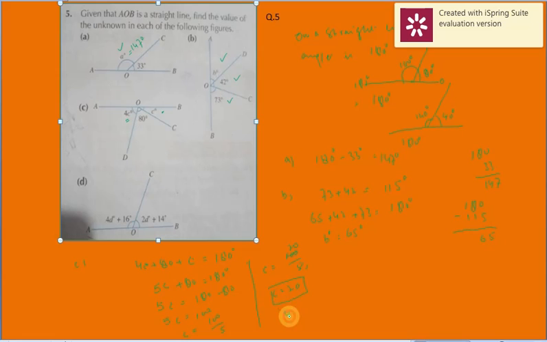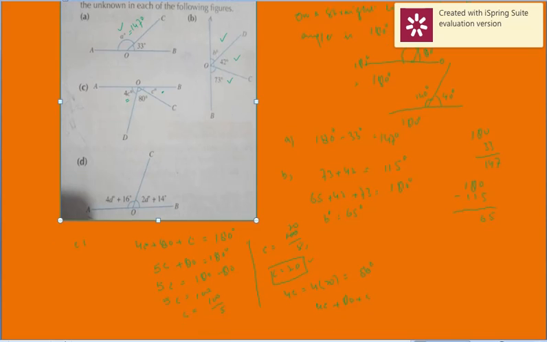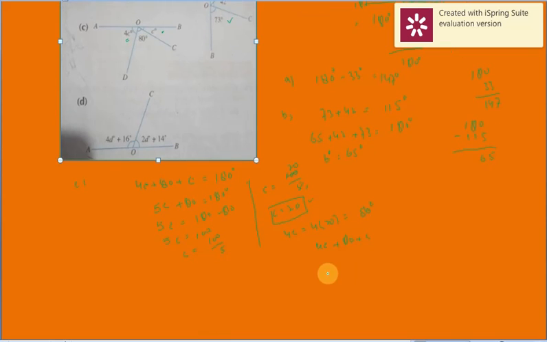So 4C means 4 multiplied by 20, which is equal to 80 degrees, and C is 20 degrees. So when we add all three angles, the sum must be equal to 180 degrees. So 4C plus 80 plus C. Now we see what the result will be if we add all angles.